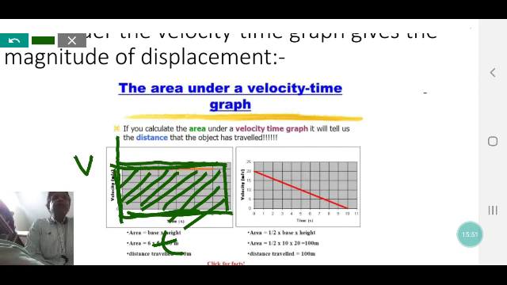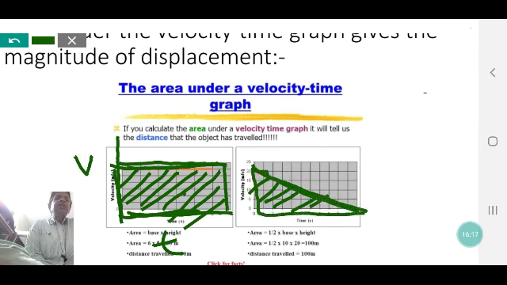In this graph, the velocity of the object decreases uniformly as the time passes. So it is a kind of deceleration, uniform deceleration. And the area under the velocity time graph also gives the displacement covered by the moving object.